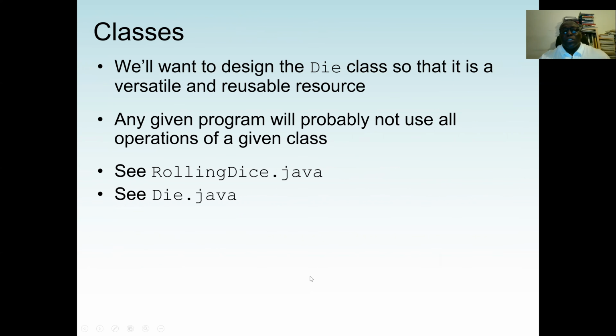So we will want to design the die class so that it is a versatile and also reusable resource. Actually, that's one of the main advantages or benefits of object-oriented programming. I can have one class and we can reuse it as many times as we want. And the concept of inheritance also will help us understand the concept of reusable resources.